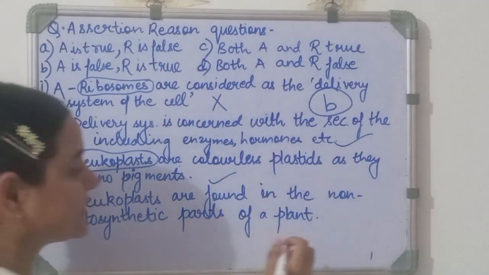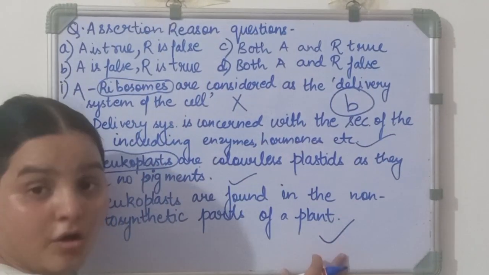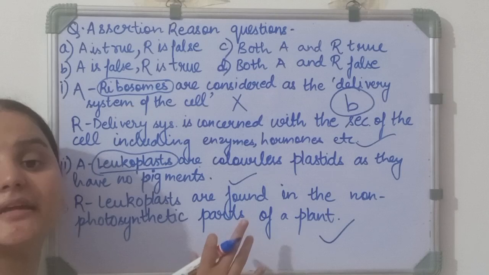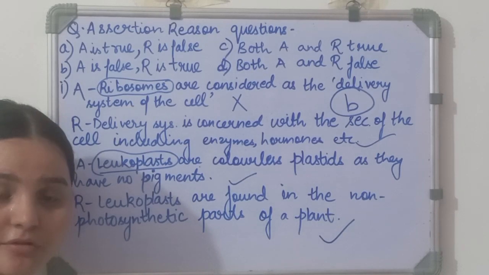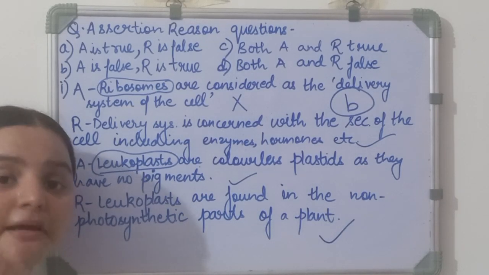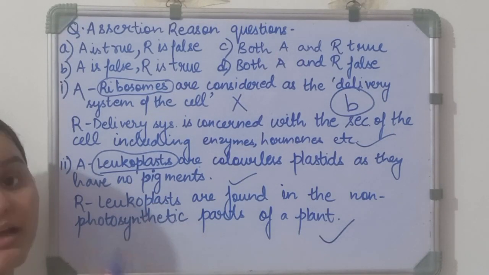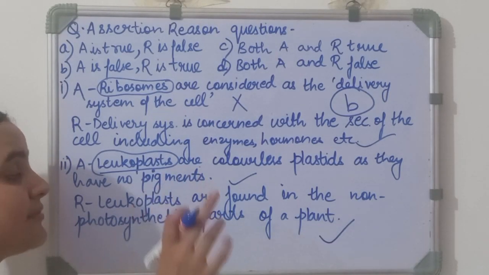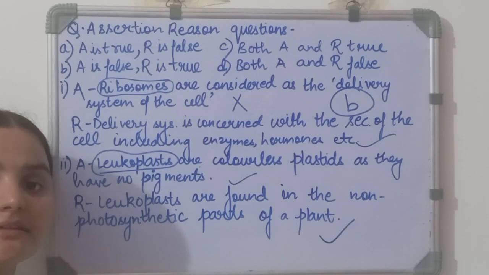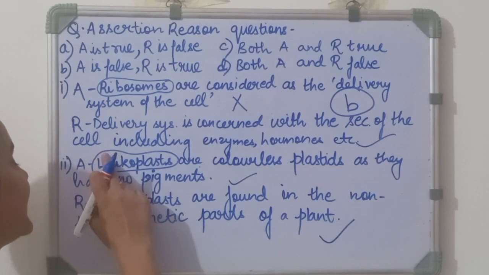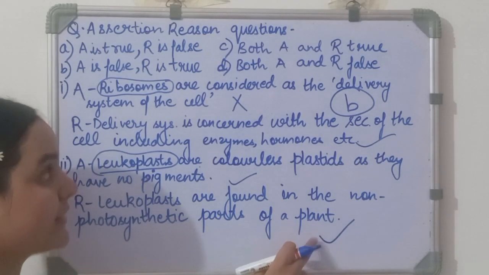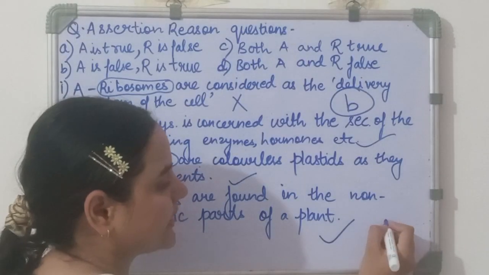Yes, this reason is also correct, because in the photosynthetic part, chloroplast is found, which contains a green colored pigment called chlorophyll. Leucoplast is a colorless plastid, so it is found in the non-photosynthetic part. So here both assertion and reason are correct. So option C is correct.